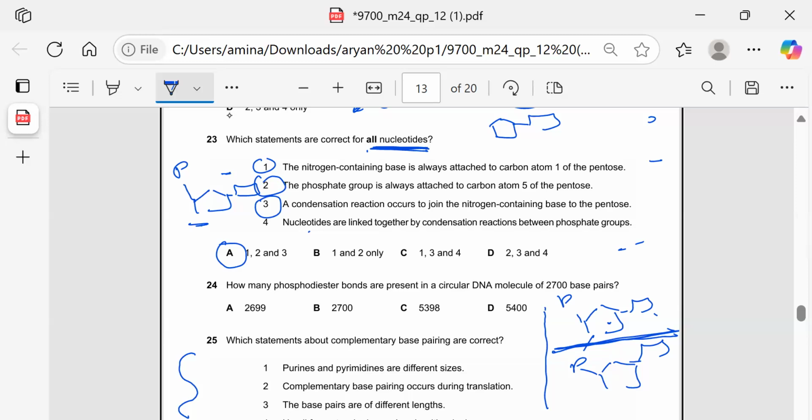Because it's base pairs and circular DNA is also a double helix structure, for each chain there will be 2700 phosphodiester bonds, and I have 2 chains. So it makes 5400. So my answer is going to be 5400.